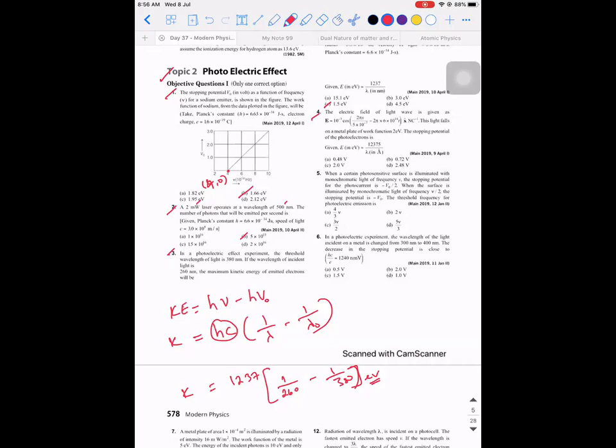So the electric field is given. So 0.48, sir. Yeah, right.